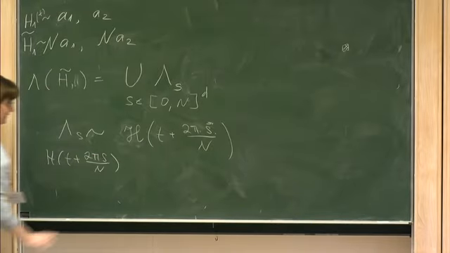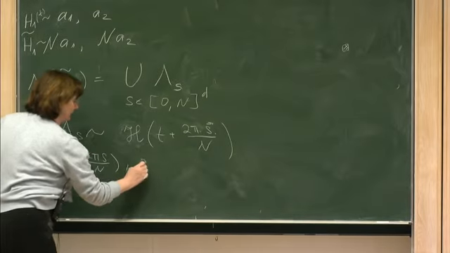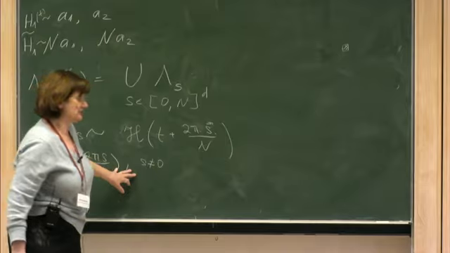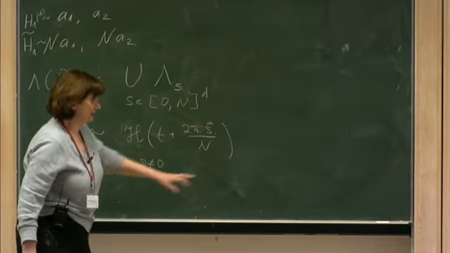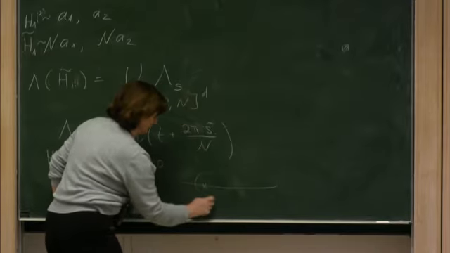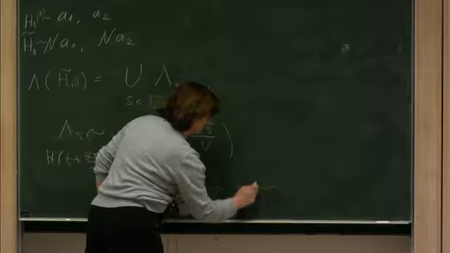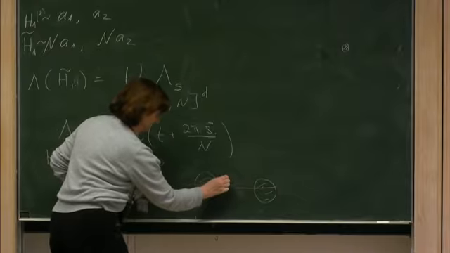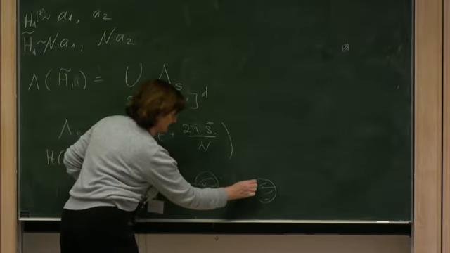When S is not 0, this operator also has a pretty small period, and we can do the same picture as before. First, this was our initial disk. Now for a fixed S, not 0, we have to construct a similar disk, maybe somewhat smaller.